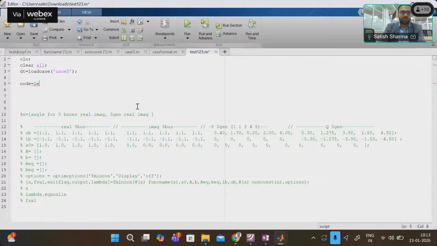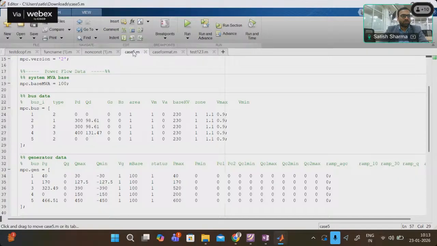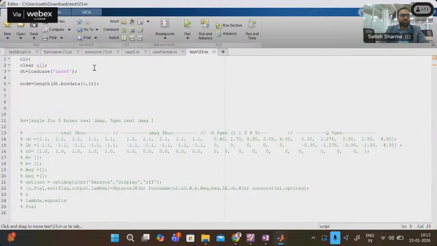I will simply write the length of dt.bus data, and whatever is the length of the first column will give me the number of nodes available. This is case 5 bus. If you have any doubts, you can ask me. Okay, so the number of nodes has been identified.